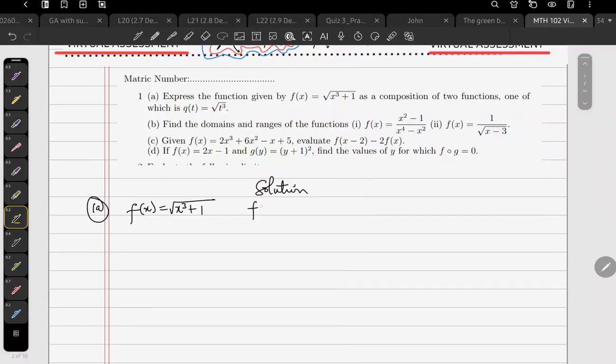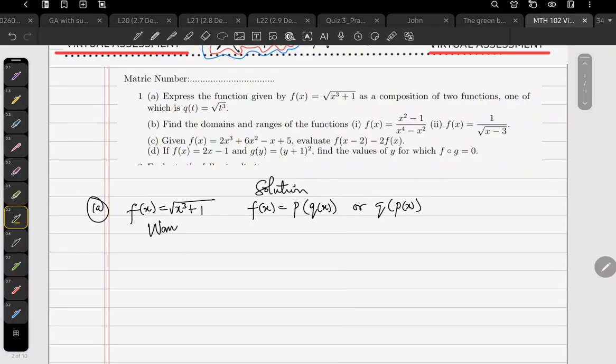So that means we want f of x to be equal to either p of q of x or q of p of x, where q of t has been given to us. So what we need is to actually look for a second function such that when we either precompose or postcompose with q, we are going to end up with f of x. So that is the mission.